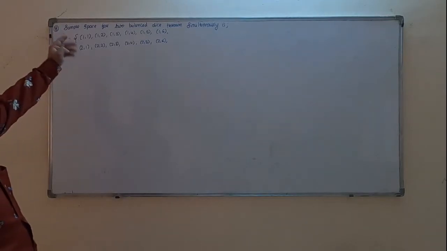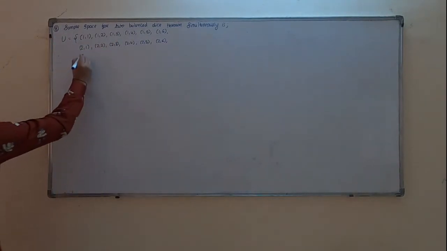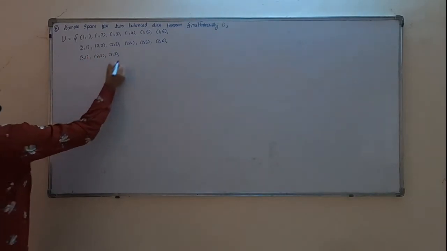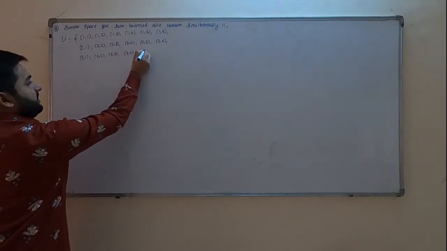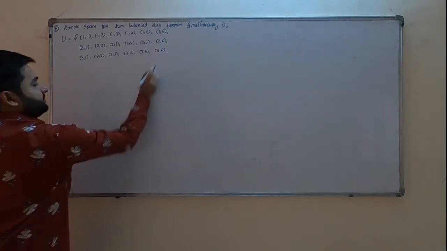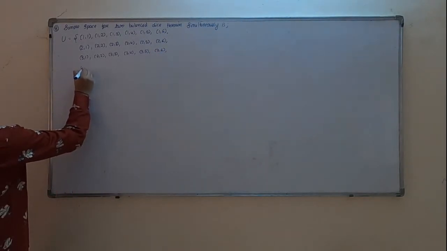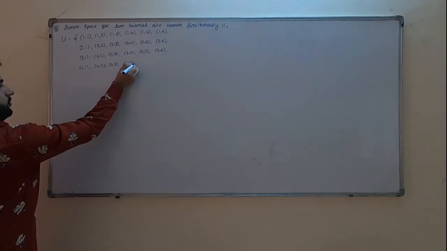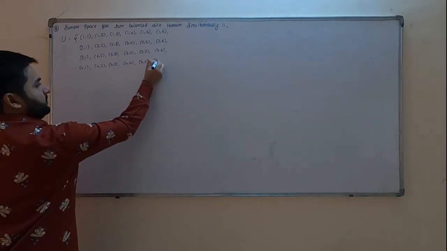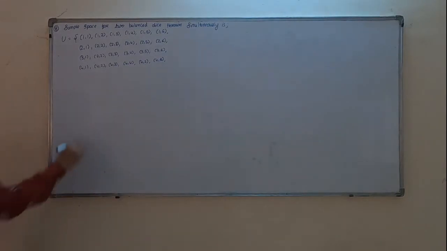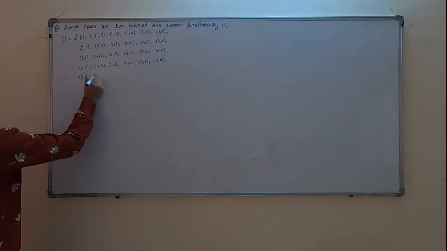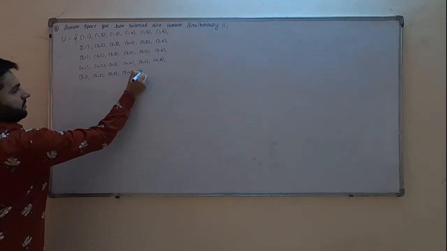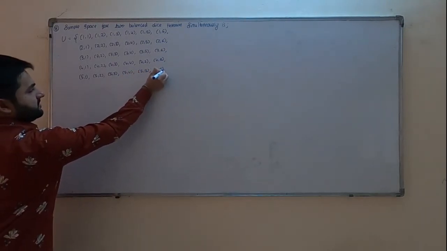But you should know that all the elements are in the same line. Now again we are changing the line and writing 3,1; 3,2; 3,3; 3,4; 3,5; 3,6. Again 4,1; 4,2; 4,3; 4,4; 4,5; 4,6. Again 5,1; 5,2; 5,3; 5,4; 5,5; 5,6.